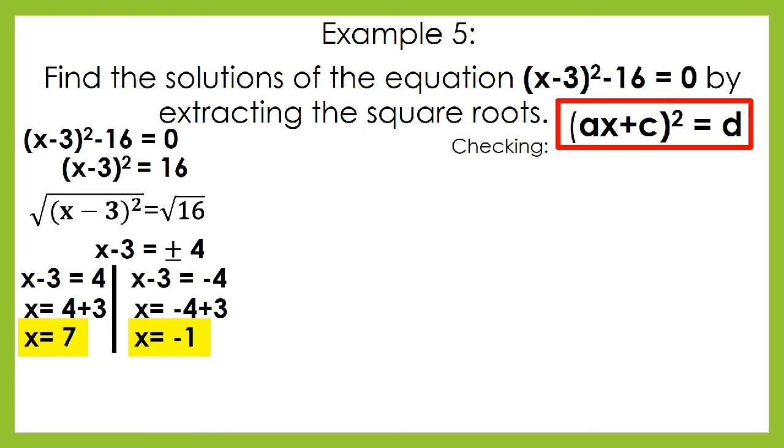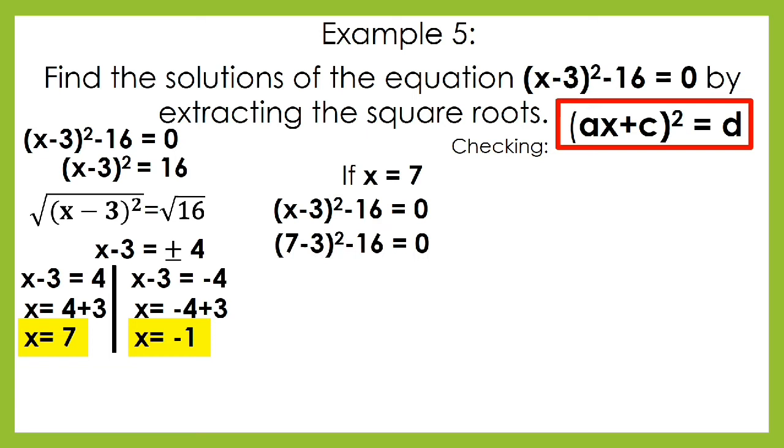Let us check. Okay, if x equals 7, substitute this to the original equation. We now have x is 7, so (7 minus 3) squared minus 16 equals 0. Simplify, 7 minus 3 is 4, squared minus 16 equals 0.